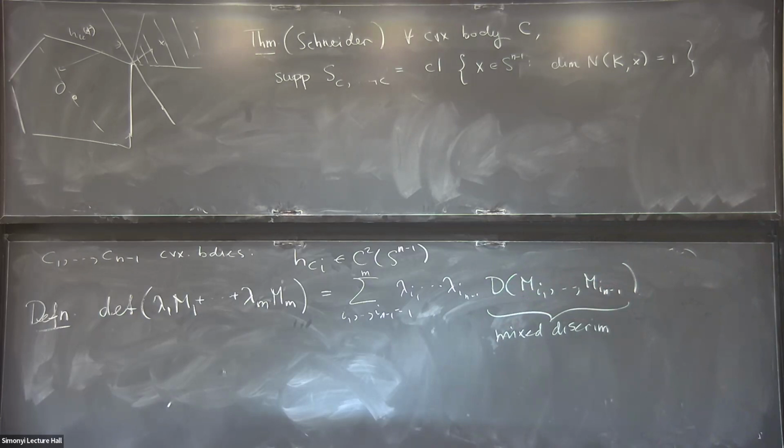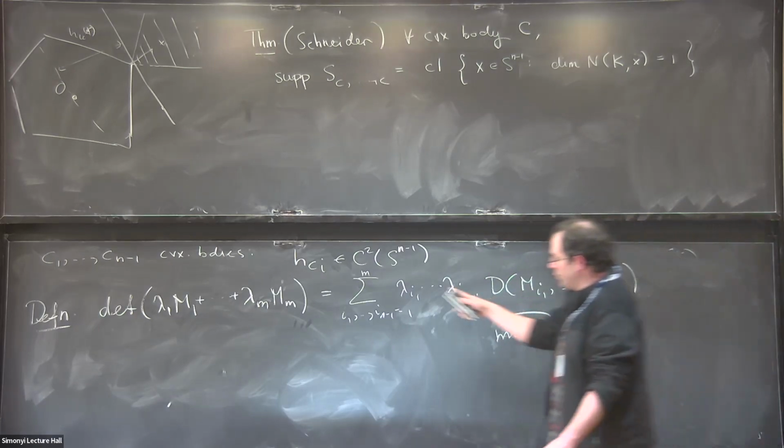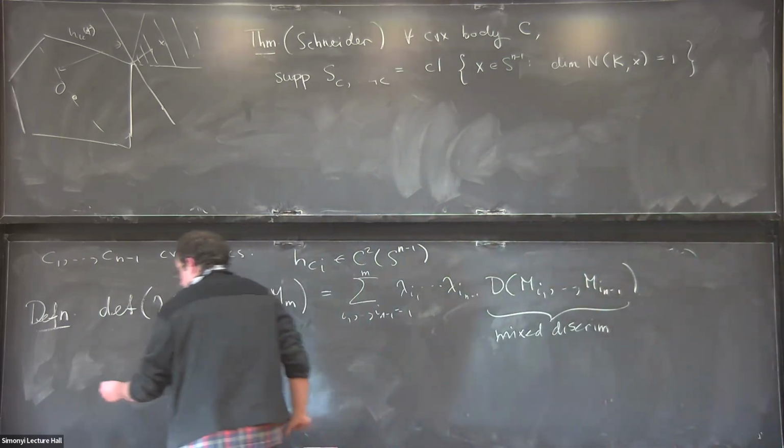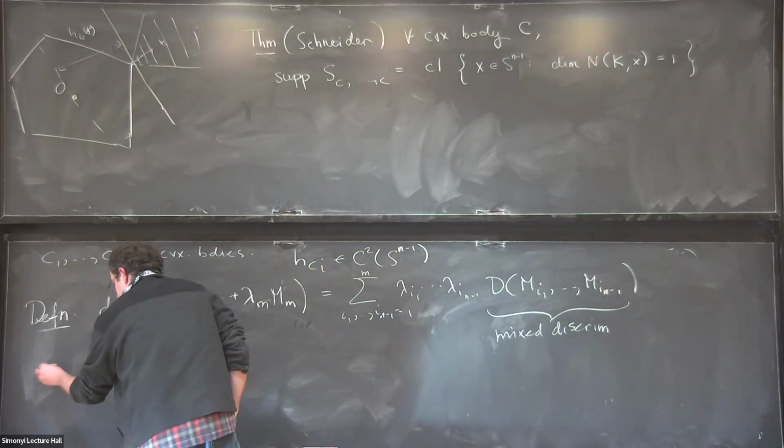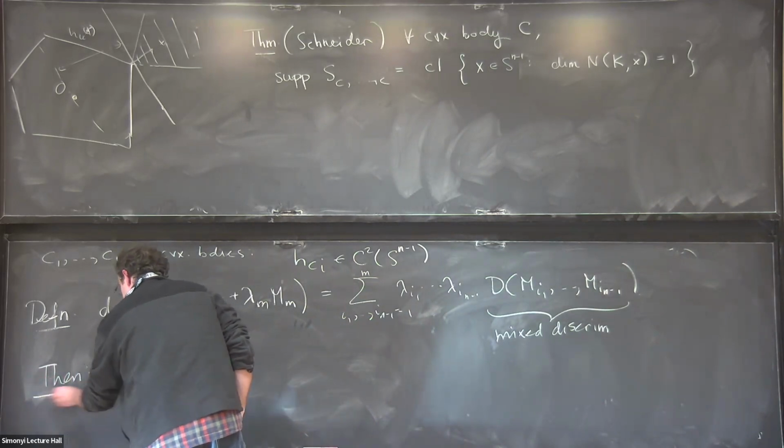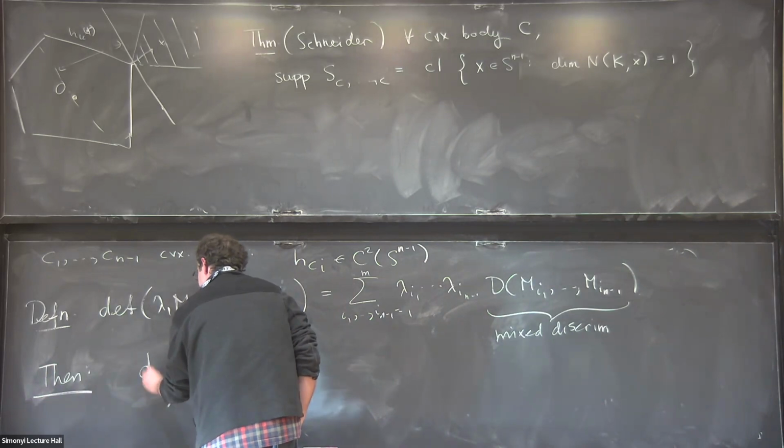And if you plug that formula in here, for support functions that are C2, we will get a formula for the mixed area measure.